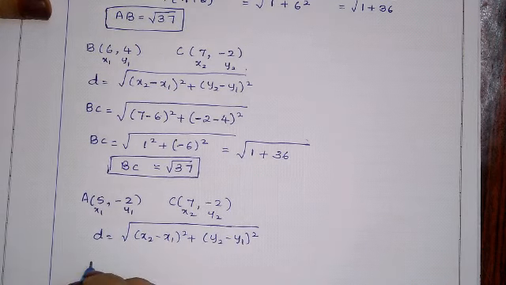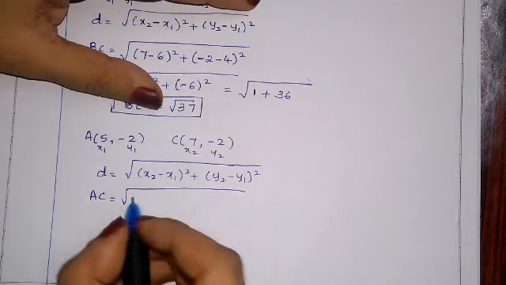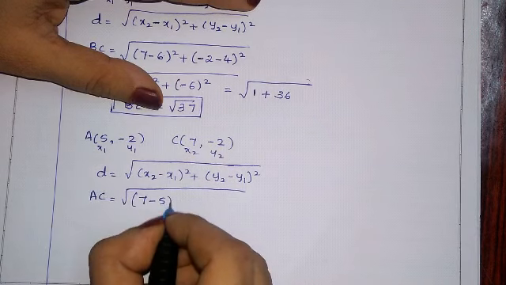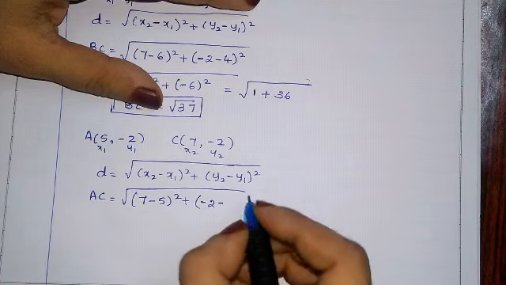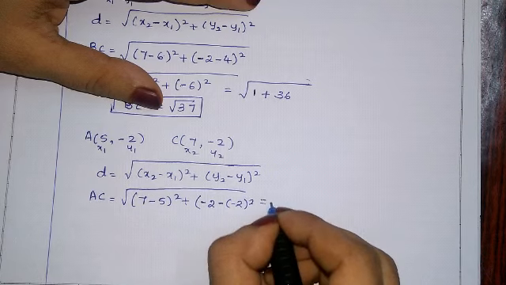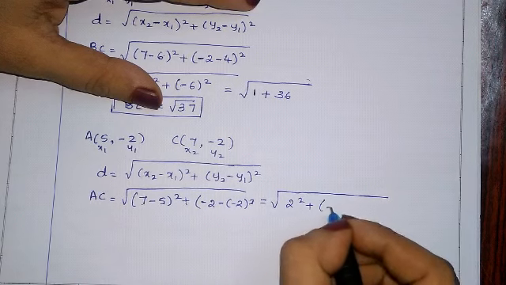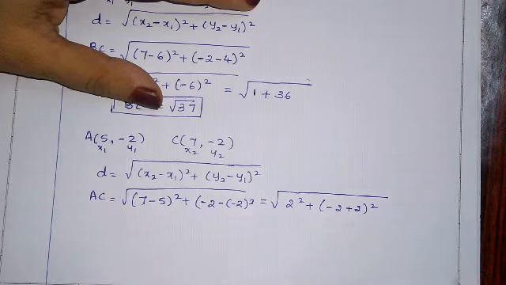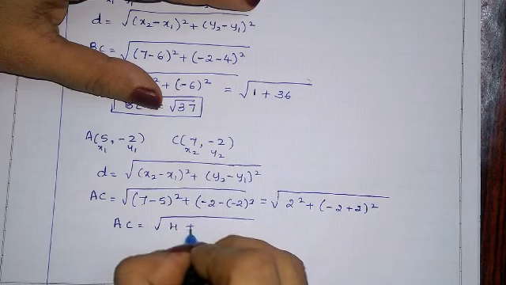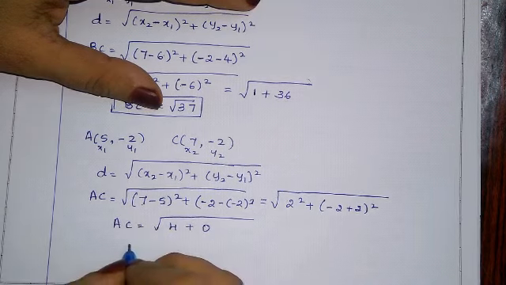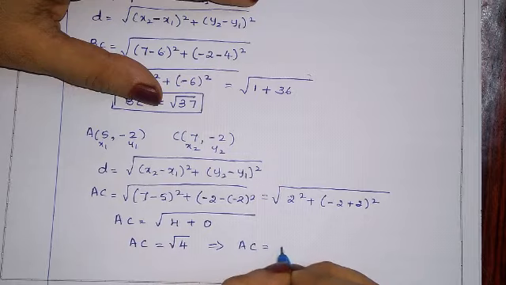AC is equal to root of (7 minus 5) whole square plus (minus 2 plus 2), which is root of 2 square is 4 plus 0. So AC is root 4, which is 2.